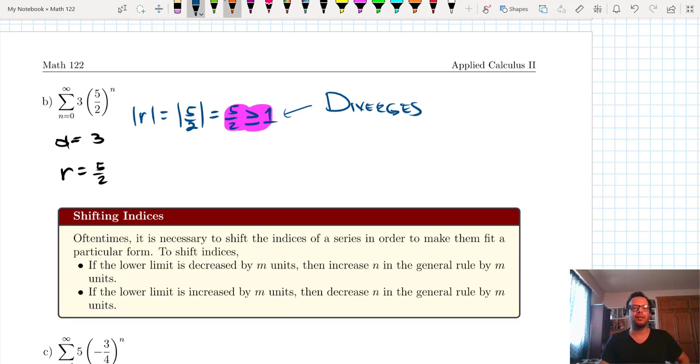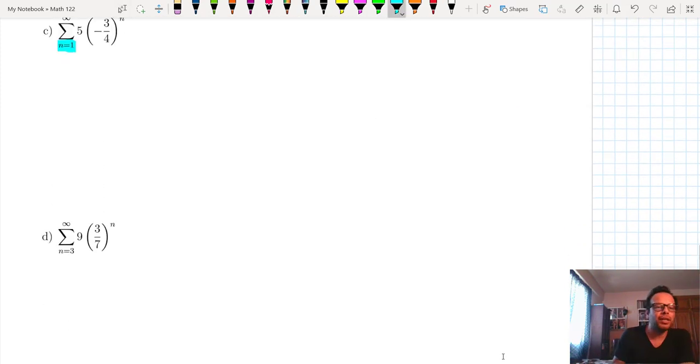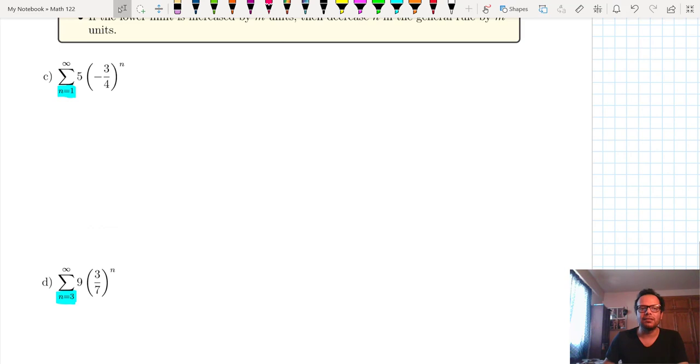Okay, what about the examples C and D? For examples C and D, things are going to change, and we will need to be shifting indices, right? The reason is that in this case the series doesn't begin at n equals 0, and the same for letter D, and we have to have this form in order to be able to use the formula that we used earlier to find the infinite sum.